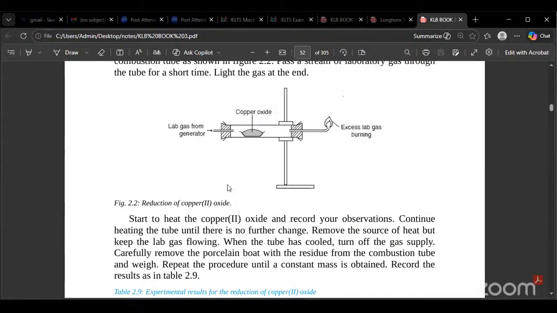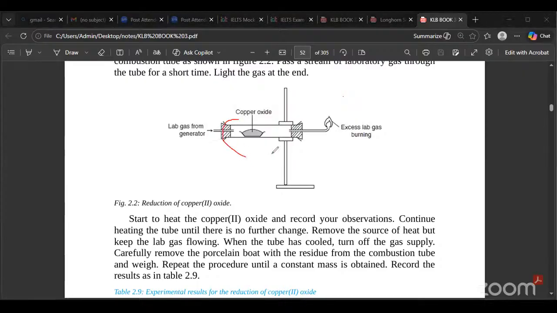Of course, there is something that normally comes in with this one. They normally ask you what is the observation made in the combustion tube. What is the observation made here?